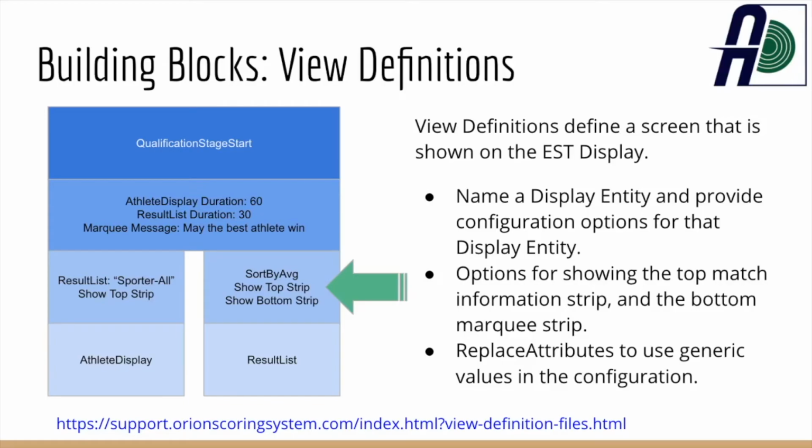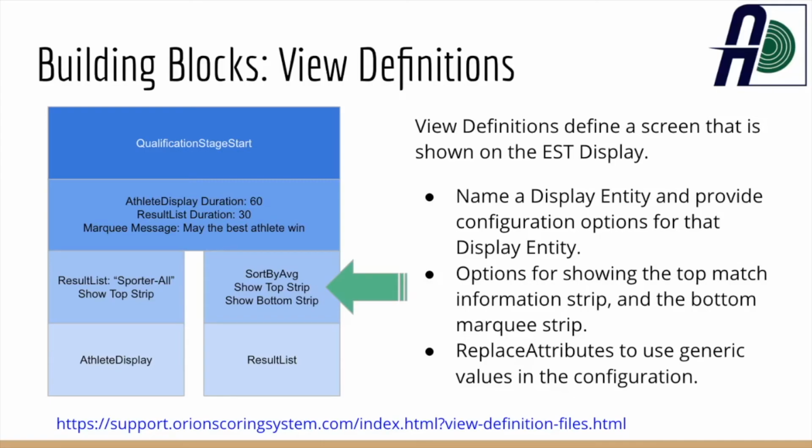So for example, if you want to show a result list with a specific name, you can do so, and you can tell in the view definition whether to sort by aggregate or by average shot fired. The other thing that you can do with a view definition are options to show the top match information strip or the bottom marquee strip. Those are all options available to you.